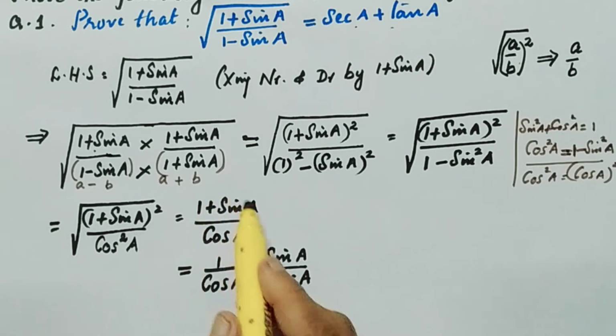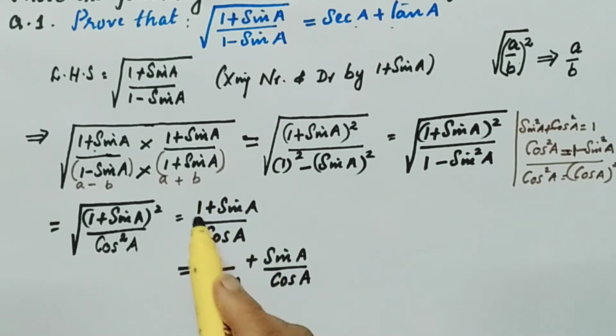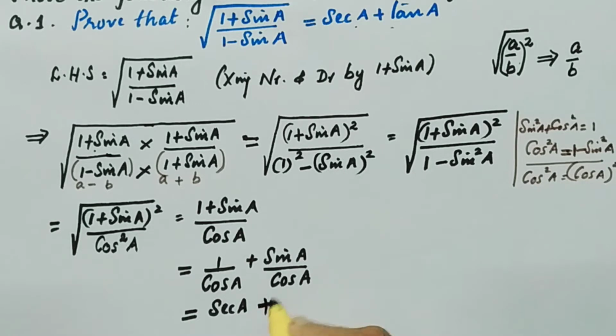So this fraction you can separately divide as 1 by cos A plus sin A by cos A. What is 1 by cos A? 1 by cos A means the reciprocal of cos A, that is sec A, plus sin A by cos A, which is tan A, which is your RHS.